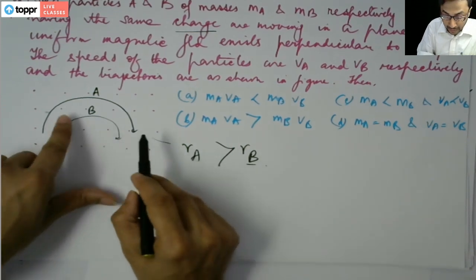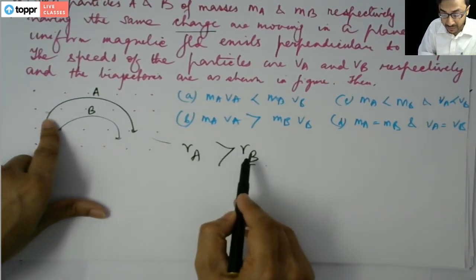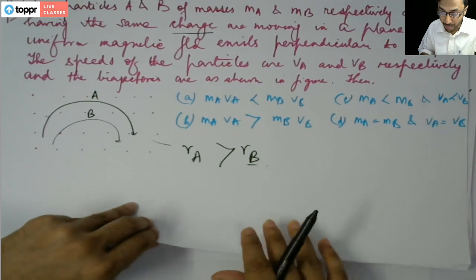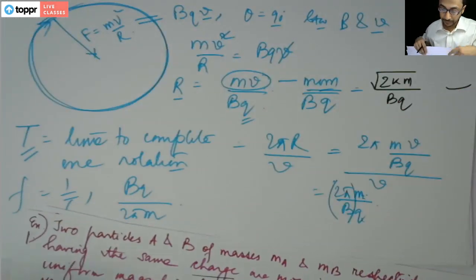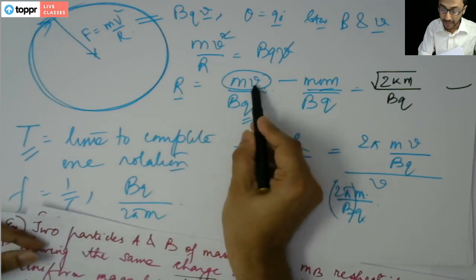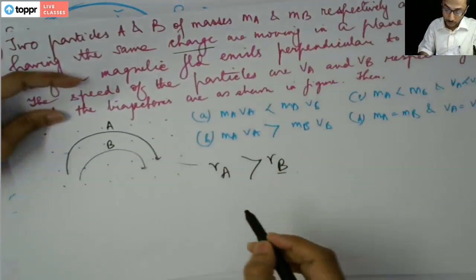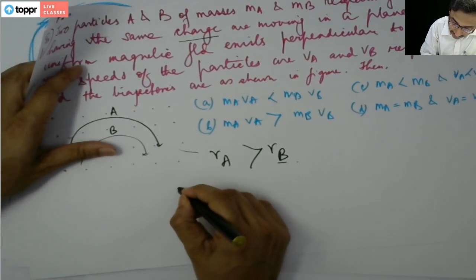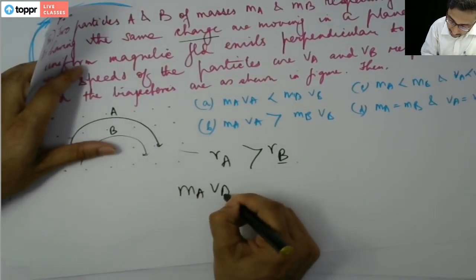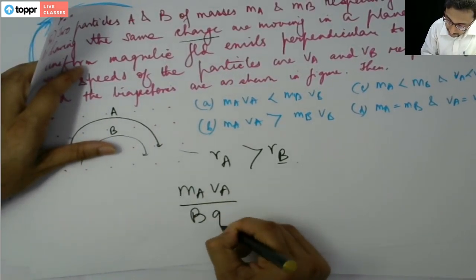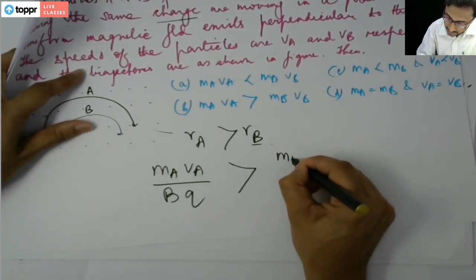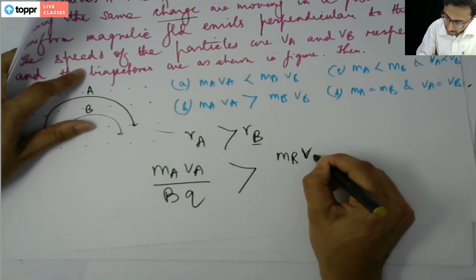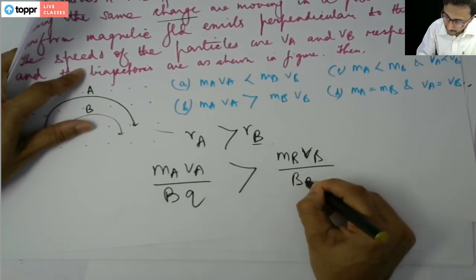Now as radius RA is greater than radius RB, if you remember what is the formula of the radius we have just derived, radius is nothing but mv by bq. So instead of RA we can write MAVA by BQ, right? RB we can write MBVB by BQ.